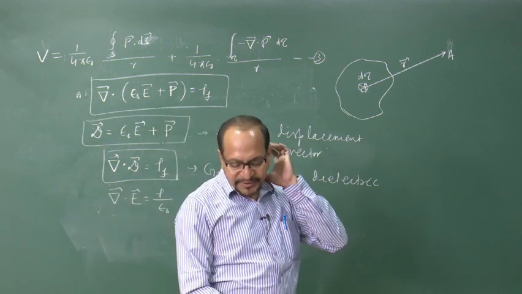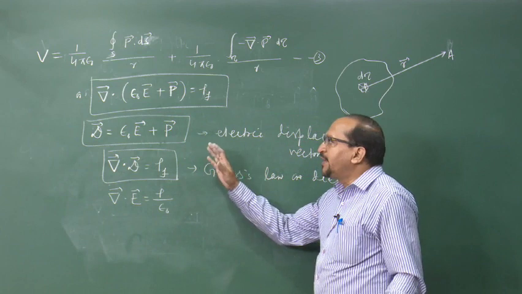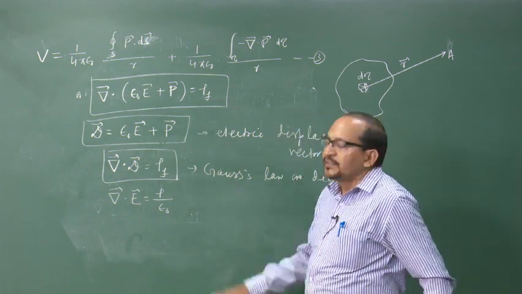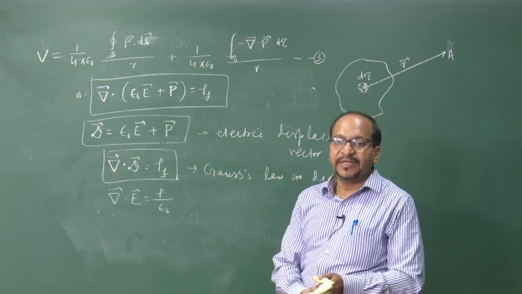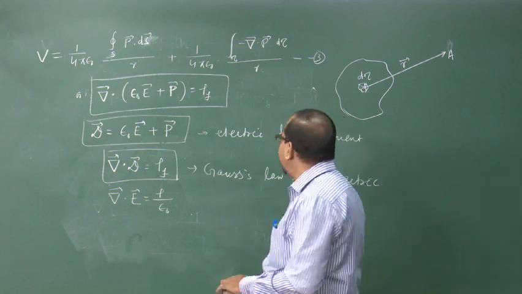So, we can see that these three vectors have quite physical significance as far as the overall electrical response of a dielectric material to the electric field is concerned. Let us visualize it.